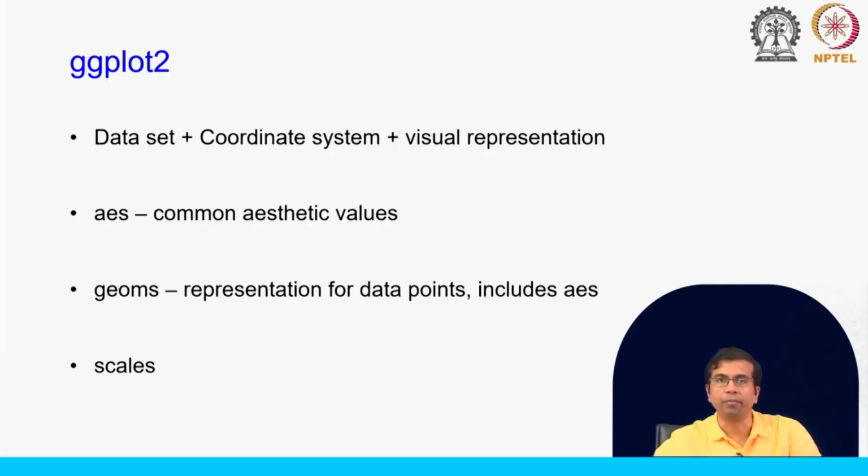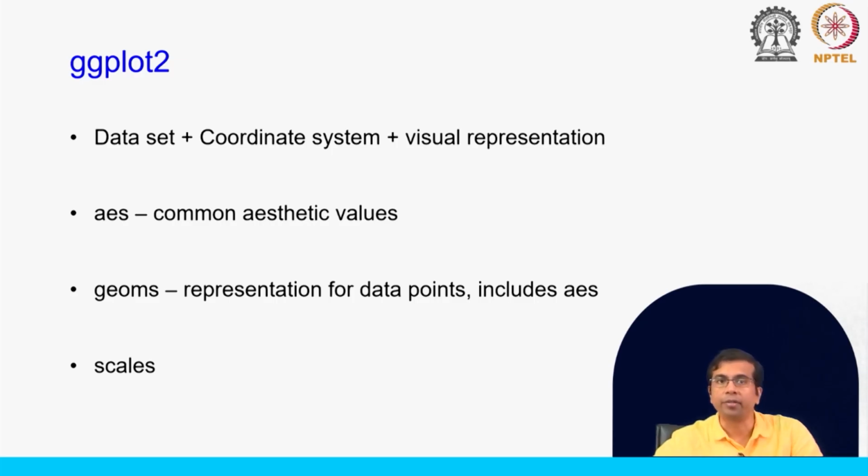So, in ggplot2, when you plot, we have to give the data set, and then we have to give the coordinate system that we are going to use, plus the visual representation, okay. So, you will see these terms in ggplot that are very common. One is AES, okay. This is the common aesthetic values that we have to specify in ggplot2.